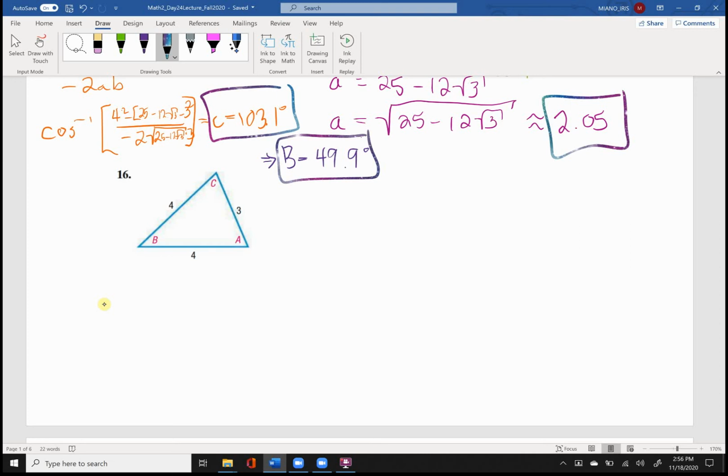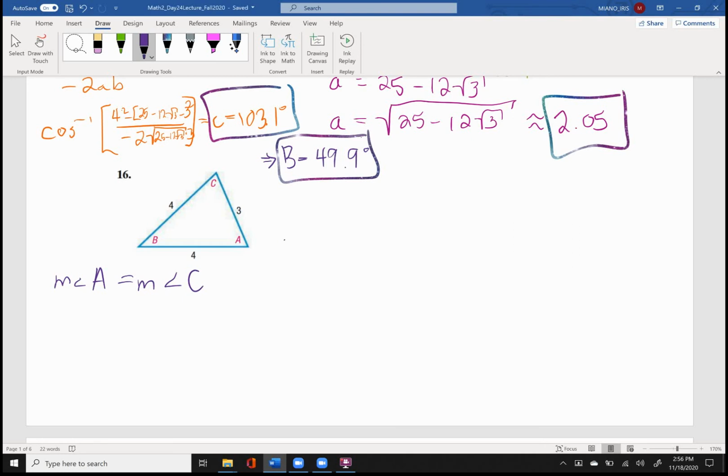So that means the measure of angle A, hold on, let me erase that real quick. Measure of angle A is going to be equal to the measure of angle C, because those two angles are opposite of two side lengths that are equal to each other.